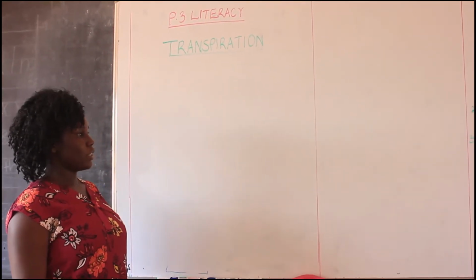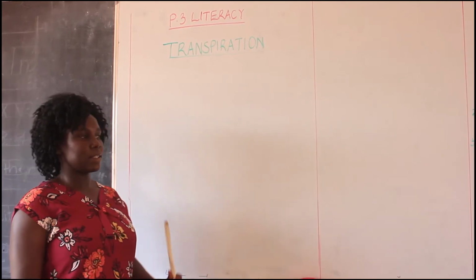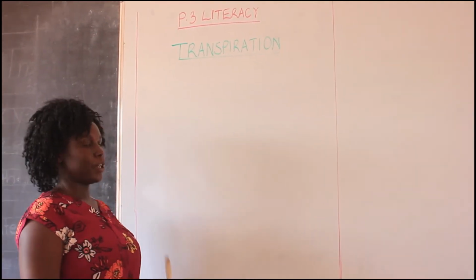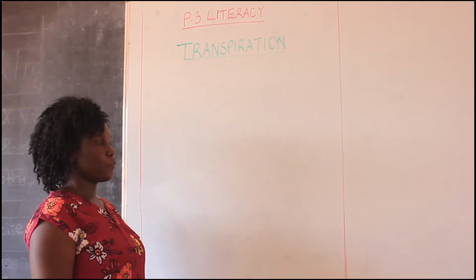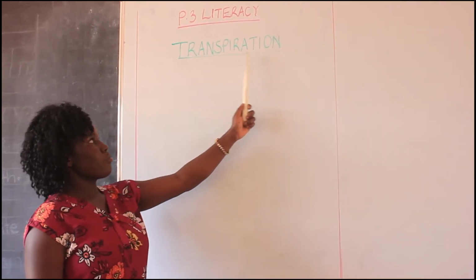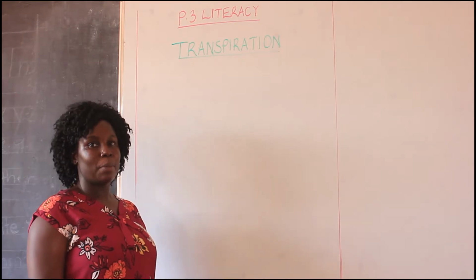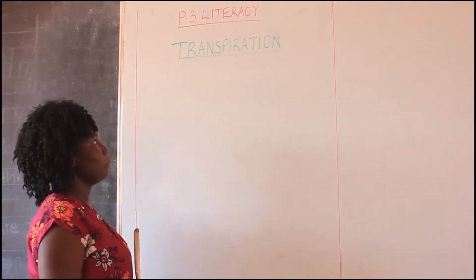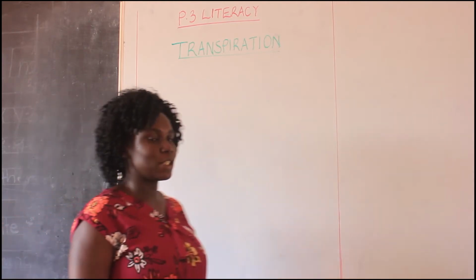Remember in the rain cycle we said as the sun hits the plants, we say they transpirate. From transpirate we are getting transpiration, whereby we have water rising in form of water vapor. Now, what is transpiration?